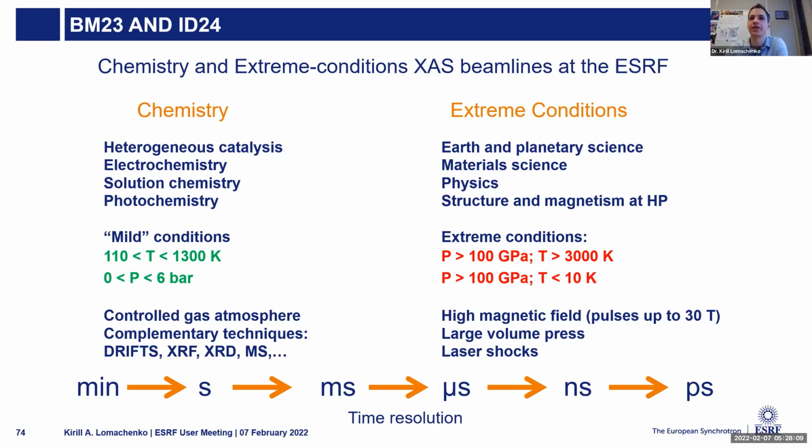And there is another part that is dedicated to extreme conditions. So mainly it is physics, the study of matter under very high pressures and very high temperatures. We have pressures going up to hundreds of GPa, temperatures going up to thousands of Kelvin, magnetic fields going to tens of Tesla.